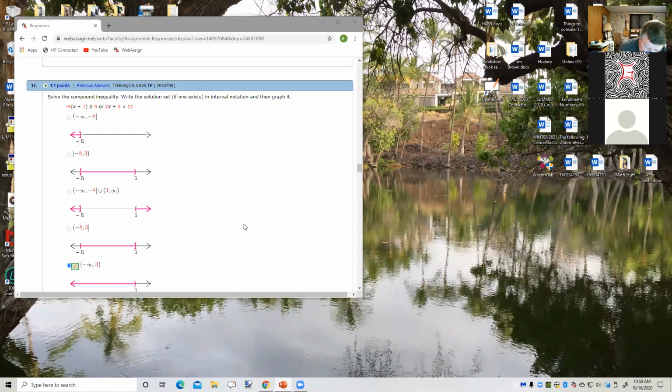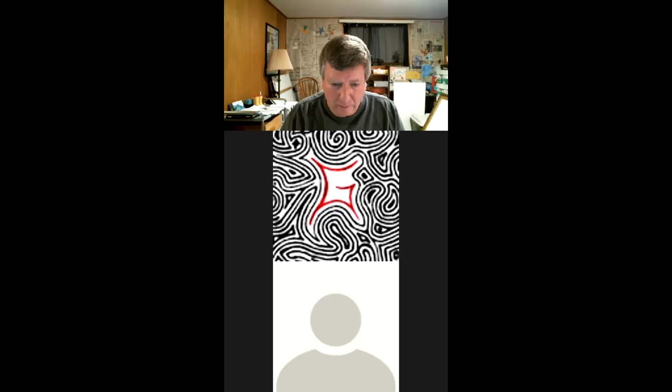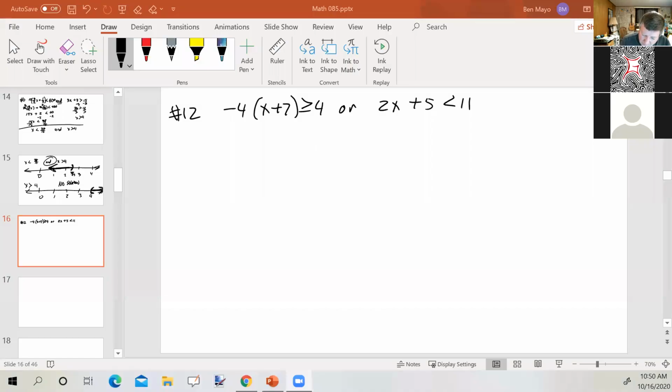-4 times the quantity x plus 7 greater than or equal to 4, or 2x plus 5 less than 11. Okay. So solving the first inequality, we're going to get -4x minus 28 greater than or equal to 4.